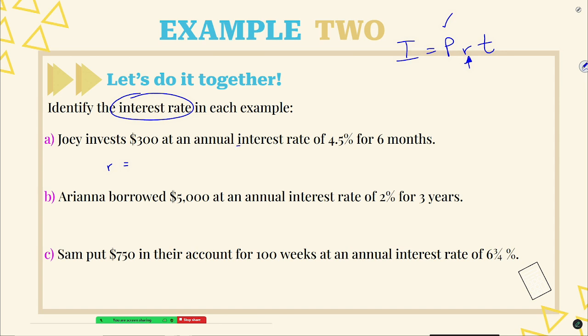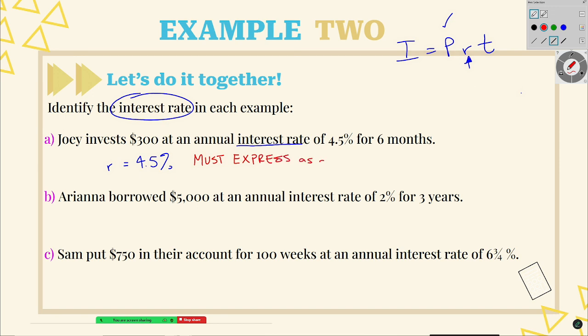It tells us that interest rate is 4.5%. But we know that we must express it as a decimal.